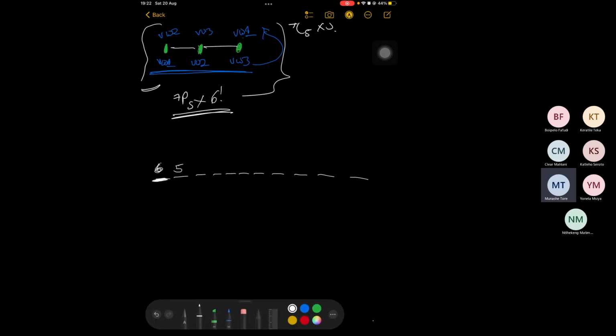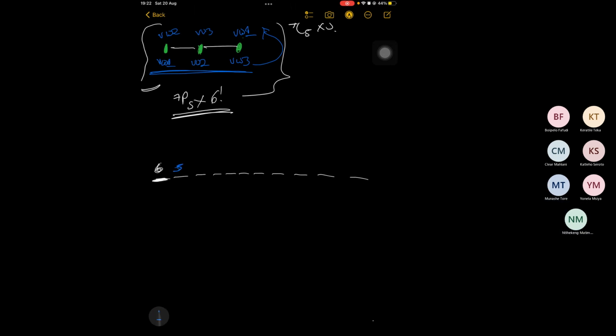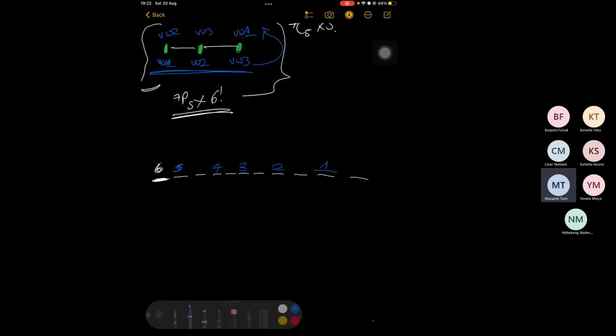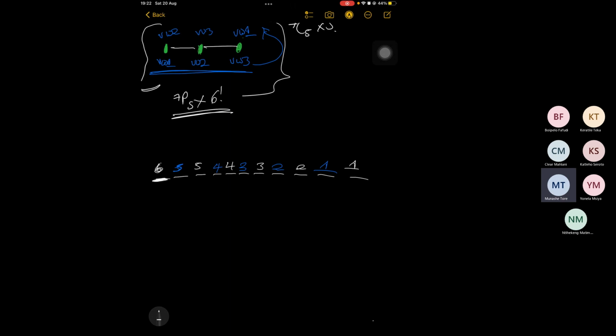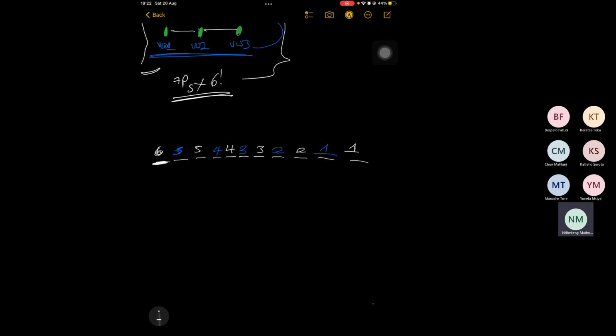Let me try to use a different color. Then we have 5 here, 5 again, then 4 here, then 3, 2, 1. Then I'll just multiply all the operations.